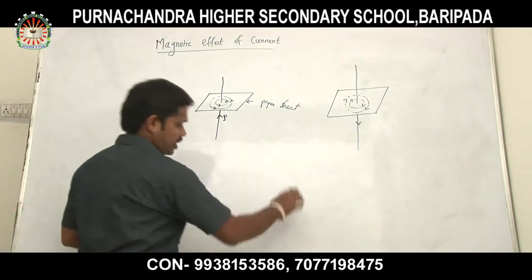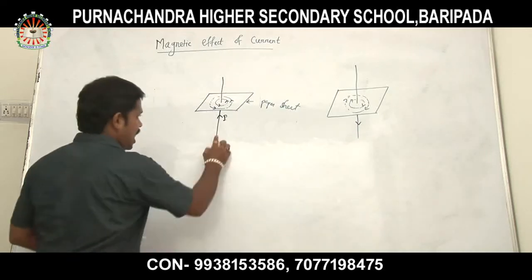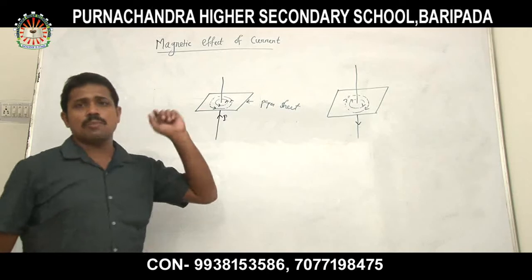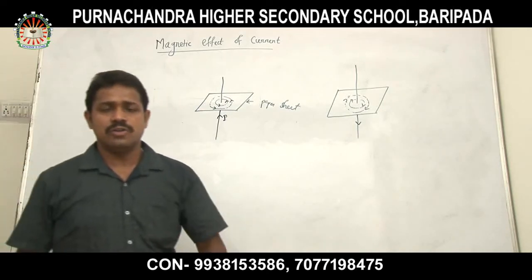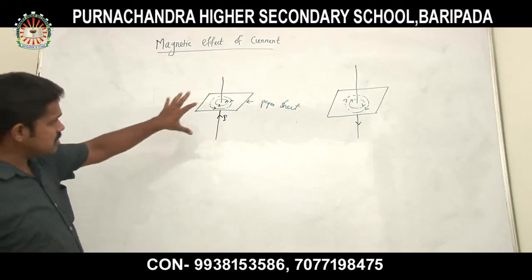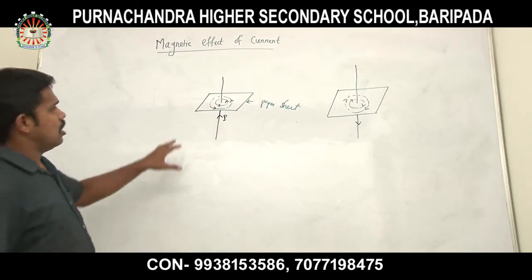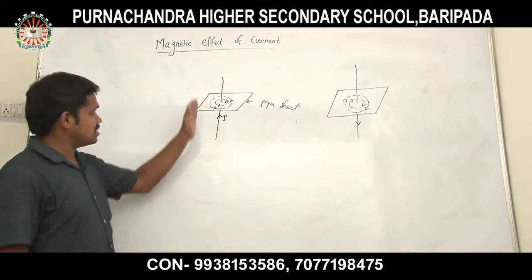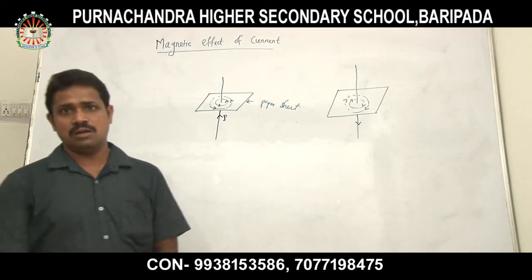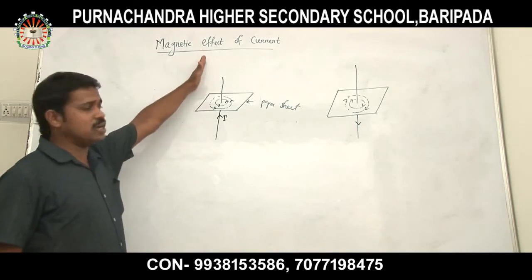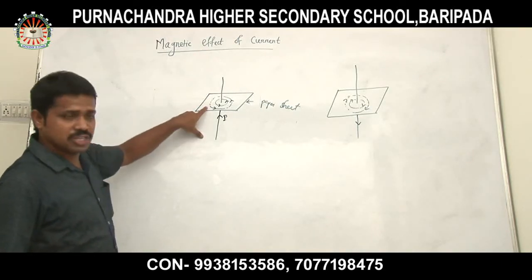So now we can conclude that if the direction of current is reversed, then the direction of the magnetic field is also reversed. Understood, all of you? So this is the pattern, or the nature, of the magnetic field when current is passing through a straight conductor. When the current is flowing upward, the magnetic field is in this manner.